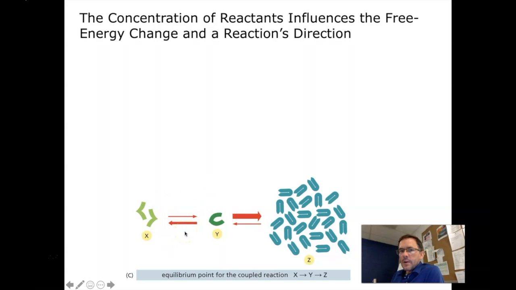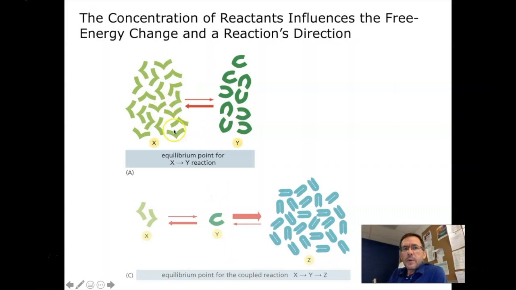And also with these arrows, the size of the arrow demonstrates how favorable a reaction is. So in this case here, the conversion from Y to Z is very favorable, as it's shown with a larger arrow moving forward. But this is much less favorable, right? So let's take a look at these, each of them independently.